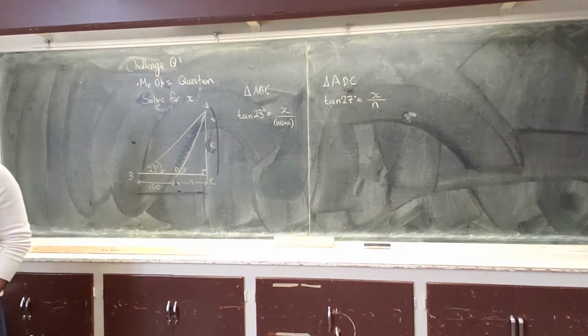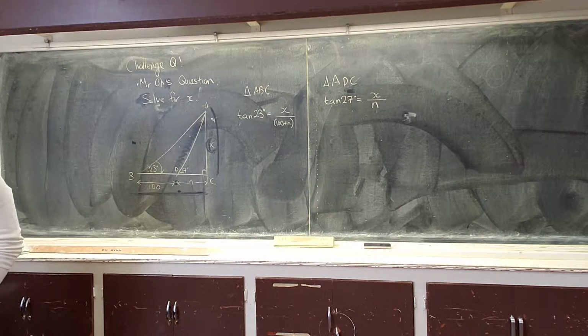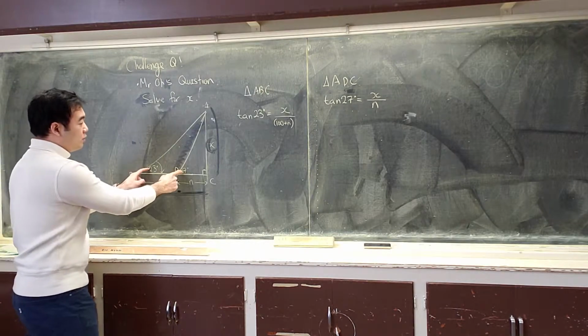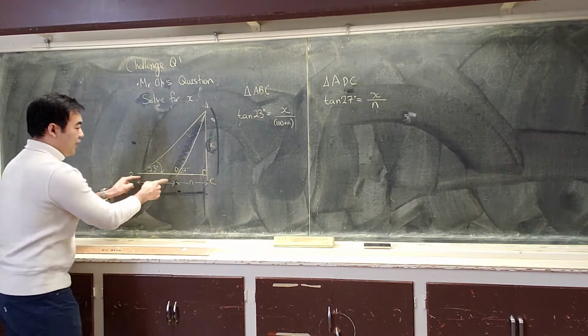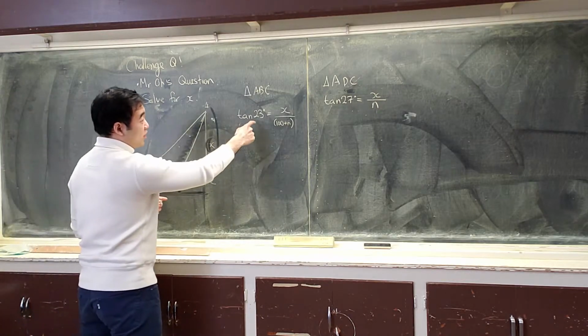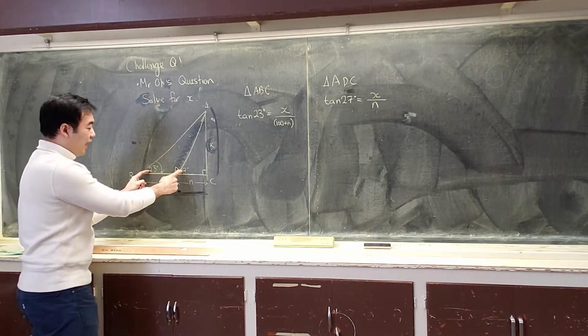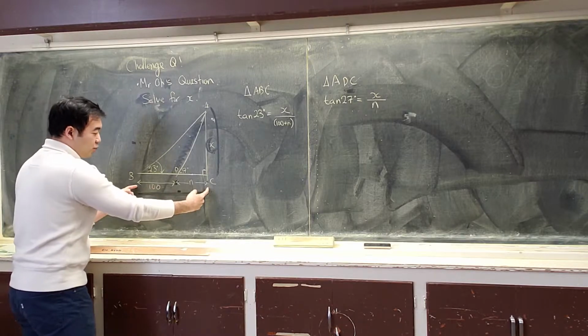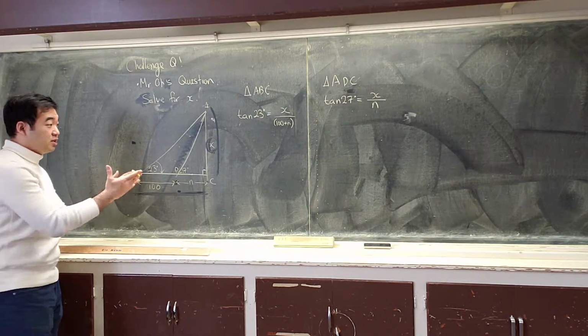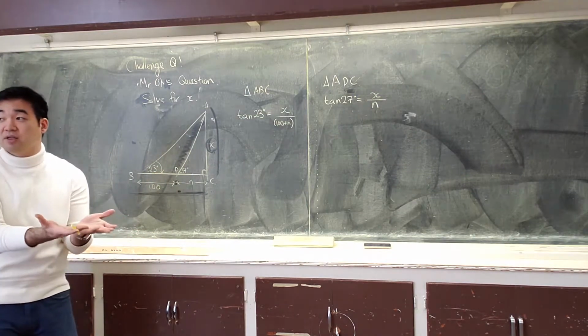With me? So just like before, do you see the similarities of what I have done? Angle, opposite, and adjacent. Do you see the difference? 27 versus 23, and the base is 100 versus n. So there's clearly similarities and differences because two triangles are obviously different.